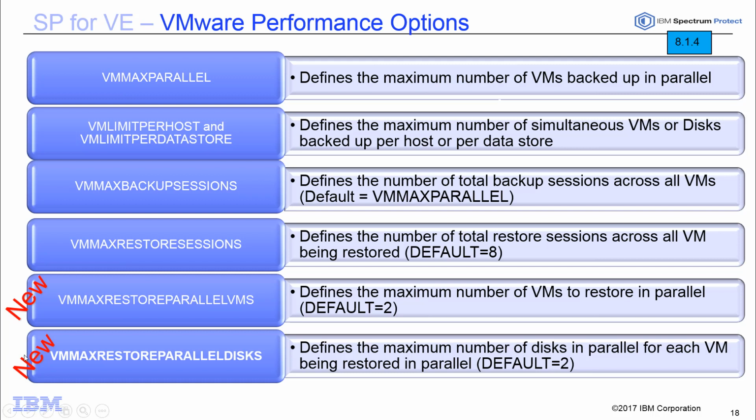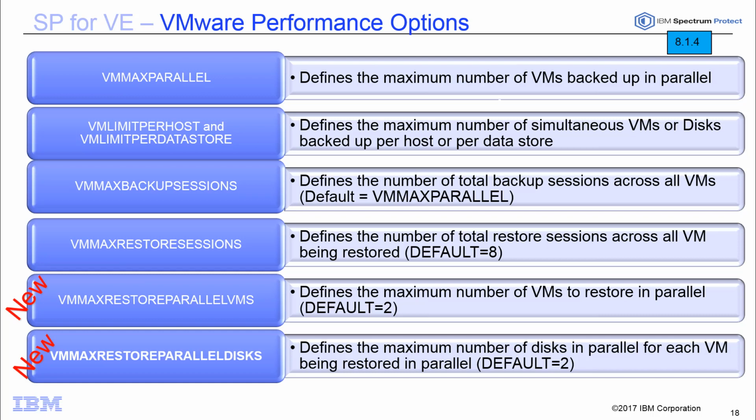And in prior versions, we already had VMMAXRESTORESESSIONS, which controlled the number of sessions for a restore that could operate at one time. Beginning in version 8.1.4, we've introduced two new parameters, VMMAXRESTOREPARALLELVMS and VMMAXRESTOREPARALLELDISKS. What these parameters control is the number of simultaneous VM restores that can occur at once.